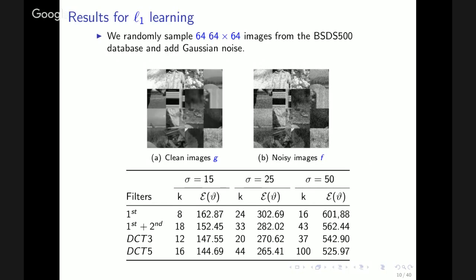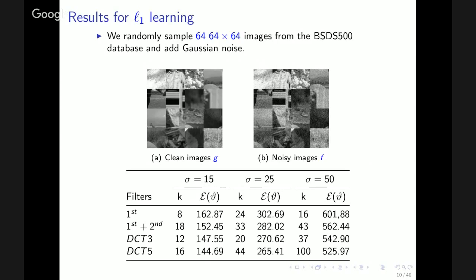Okay, here are the results for our first model. I call it L1 learning, and in order to learn these parameters, we set up a training database consisting of smooth images. We just put together 64 times 64 patches to maximize the variety of different images, and we just added Gaussian noise to get the noisy images.